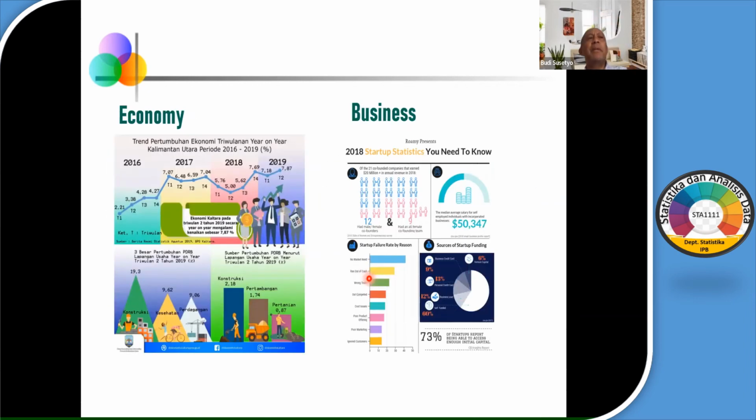So that is a summary of the statistics we discussed in the first meeting. You have to understand what statistics is, what the population is, what the sample is, what the parameter is, what the statistic is, what descriptive statistics is, what inferential statistics is, and then measurement scales: nominal, ordinal, interval, and ratio.